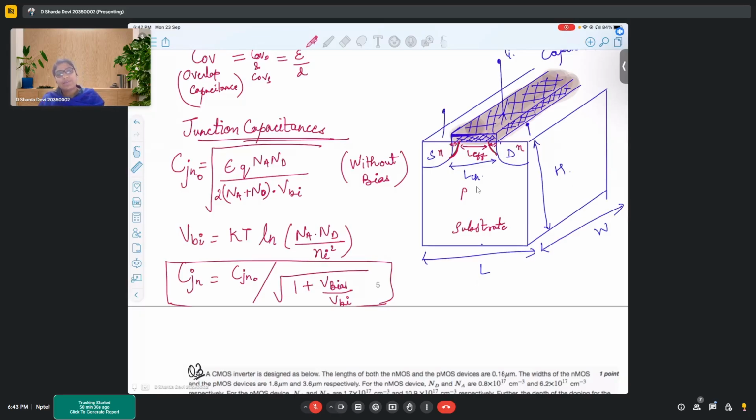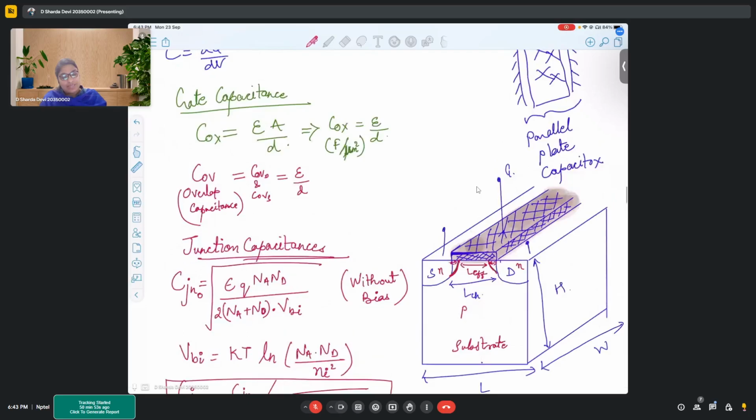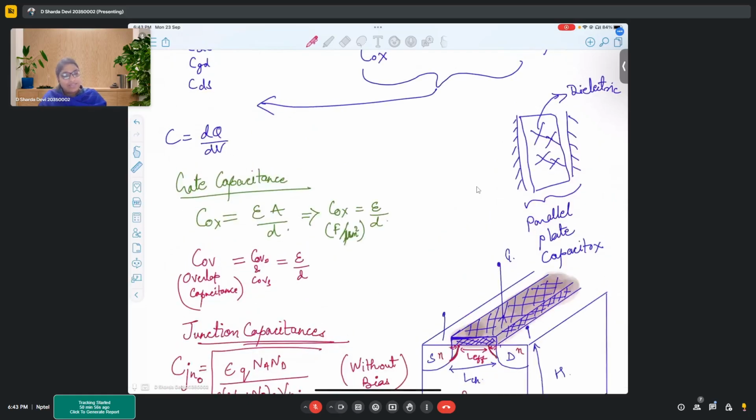So it depends. If it is without any bias, we'll go with VBI only, the built-in potential of the junction. But when bias is involved, the capacitance changes with the bias. That's why we will be going with the bias condition. Whereas when it was gate capacitance, we can clearly observe that the gate capacitance will never change, considering that both sides have already become metallic with high electron concentration on one side and metal on the other. This gate capacitance will never change.